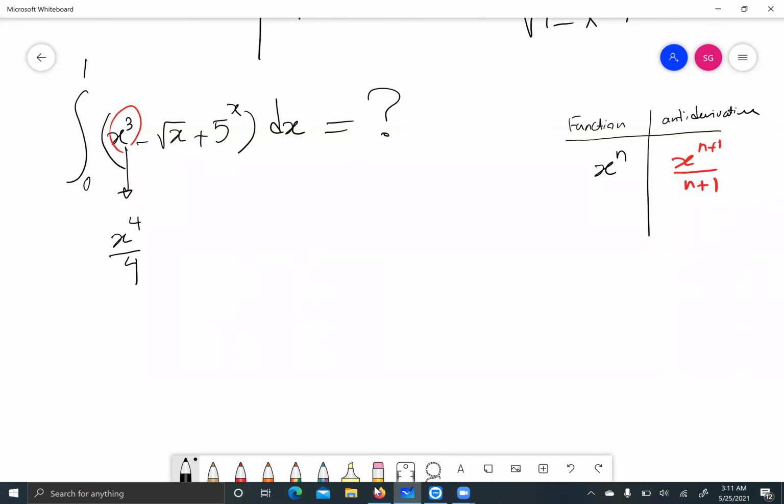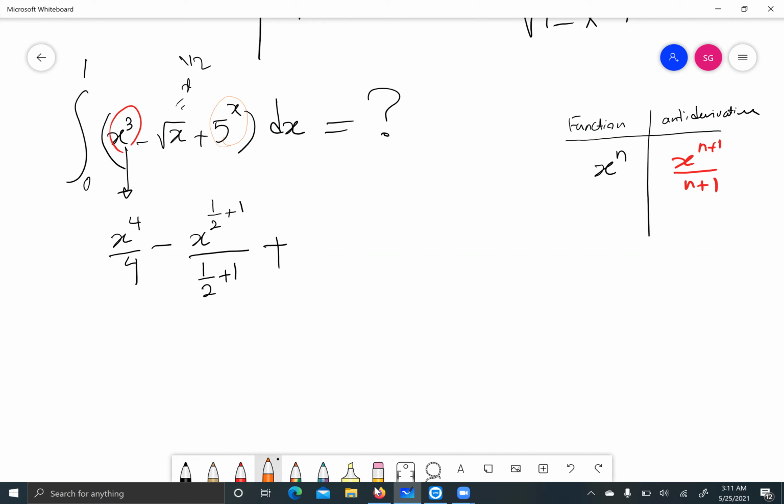Square root of x is the same as x to the power of half. So treat it the same way. It's a power function, the power is half. So by antiderivative formula, it's going to be half plus 1 over half plus 1, right? Plus, and then 5 to the x.